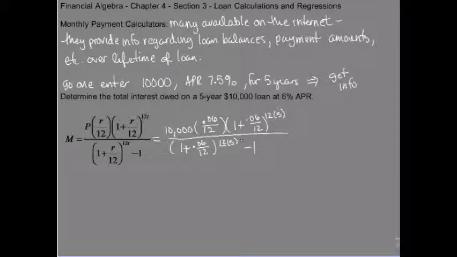Okay, first things first. I'm going to do 0.06 divided by 12. Okay, and that is going to give me 10,000 times 0.005 times 1.005.